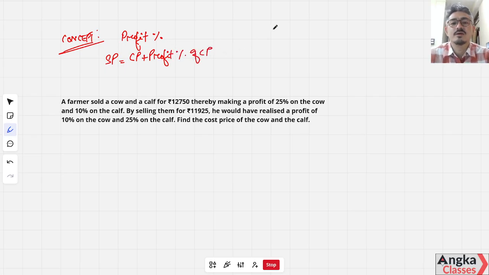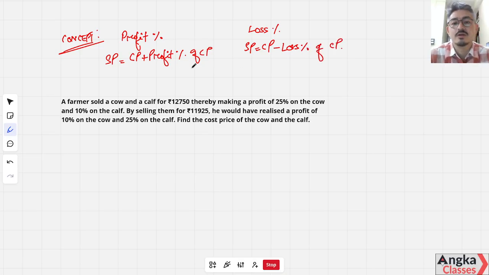And when there is a loss percentage, the selling price is equal to cost price minus loss percentage of cost price.